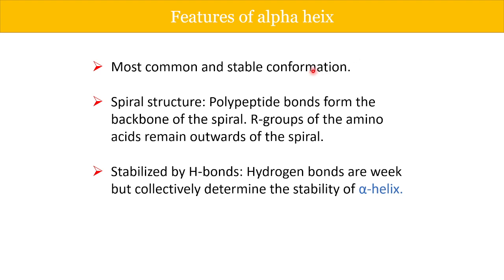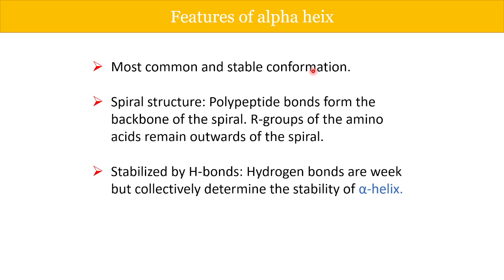What are the certain features of an alpha helix? These are the most common because every amino acid has a carbonyl oxygen and an amino hydrogen. So it's a very common and stable configuration. The spiral structure: the polypeptide bonds form the backbone of the spiral.